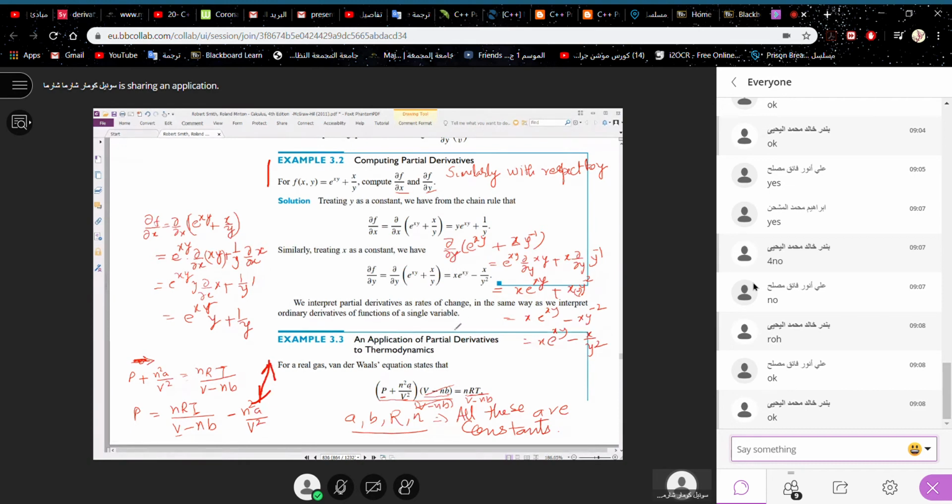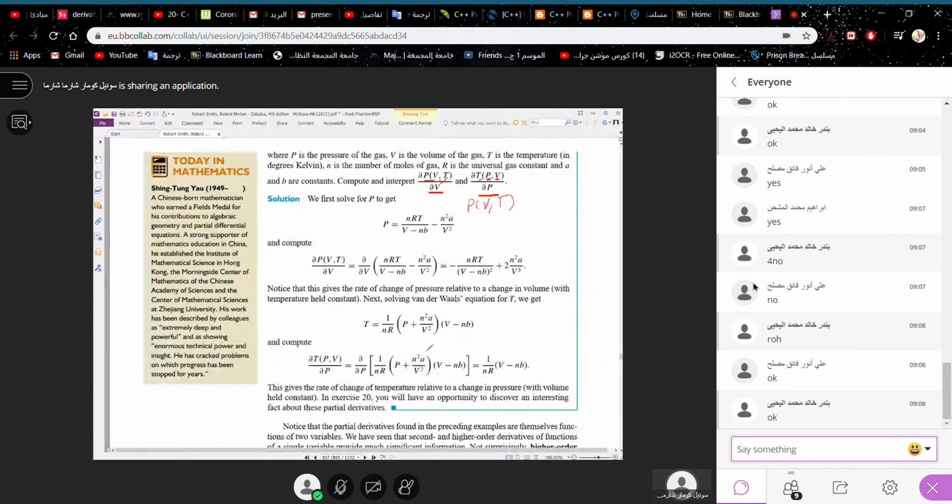So your pressure is in terms of temperature and volume. You need here the derivative of P with respect to V. So we treat T as a constant.